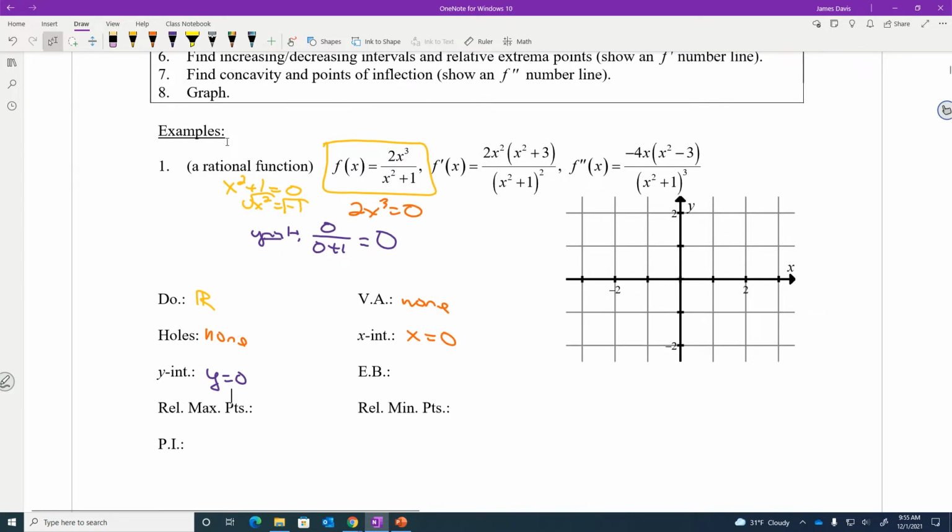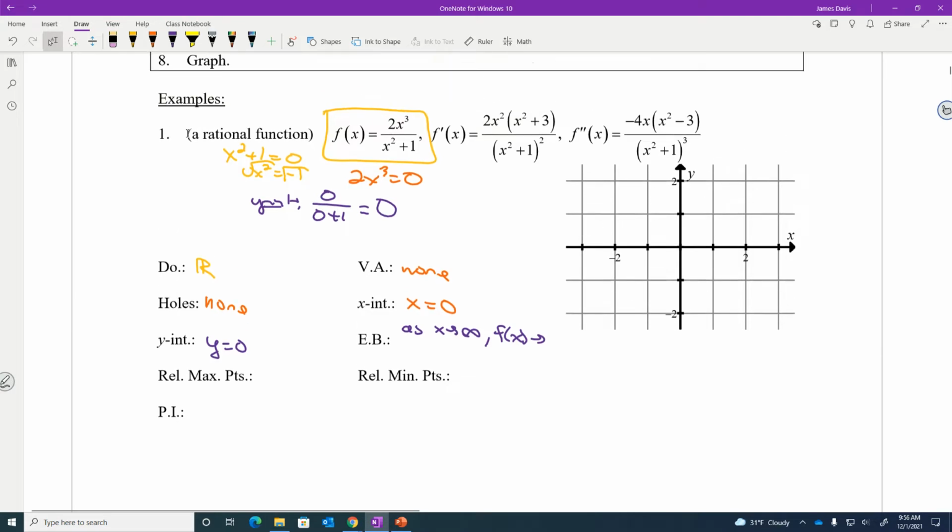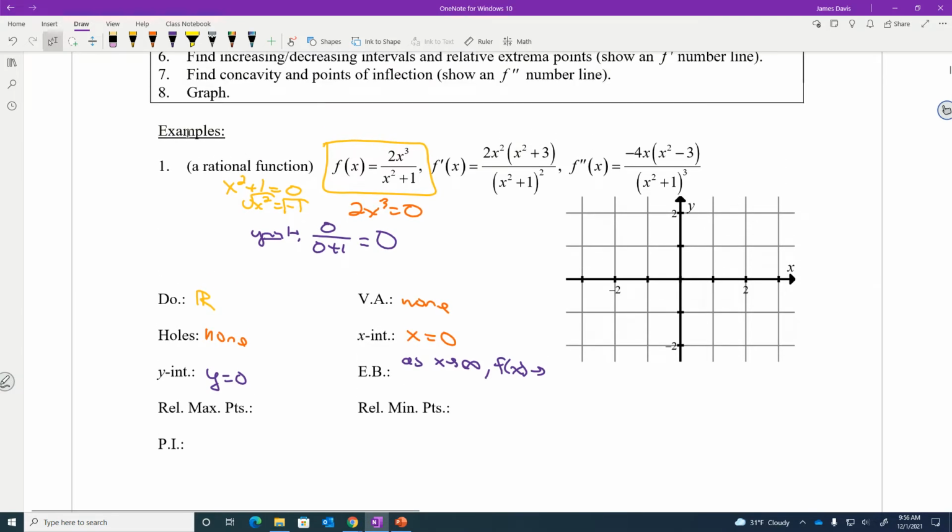So I'm actually going to write this one out in sort of our end behavior style, if you will, as x goes to infinity, f of x goes to. So then what we want to think is we know it's going to be positive or negative infinity. If we plug infinity in the top, it's going to be positive. If we plug infinity in the bottom, it's going to be positive, right? So positive over positive would be a positive.